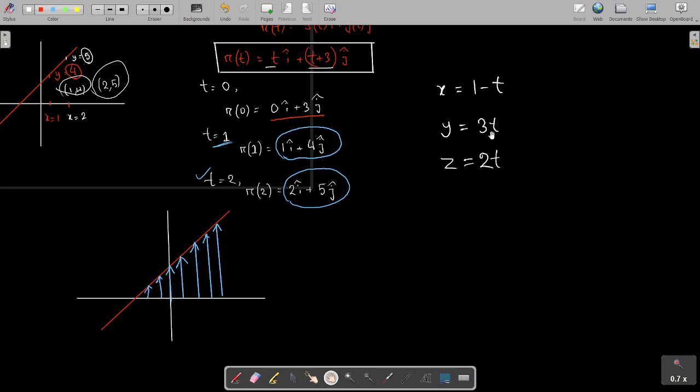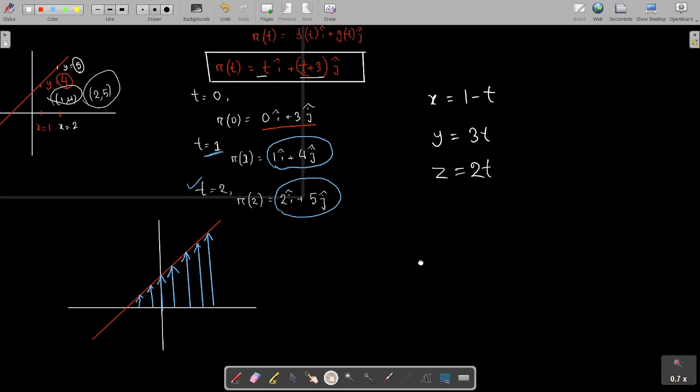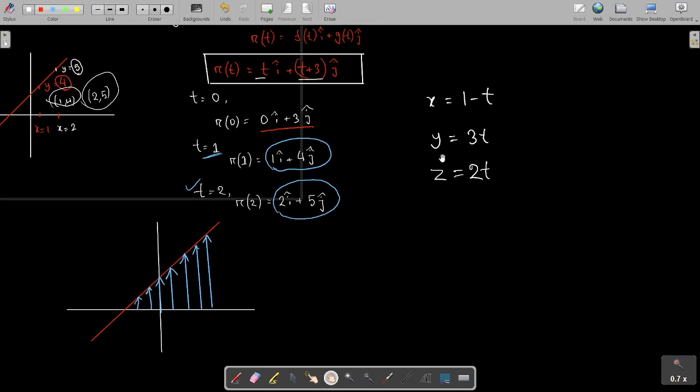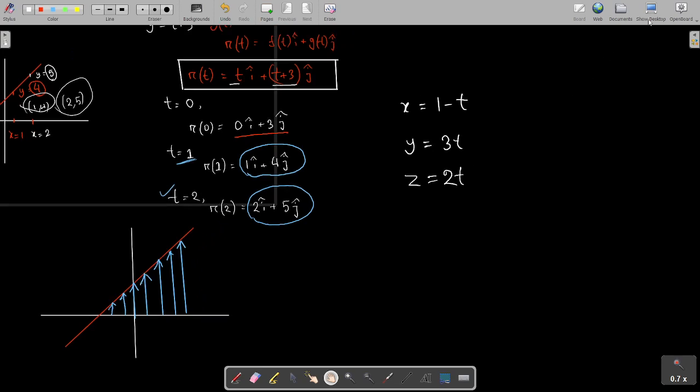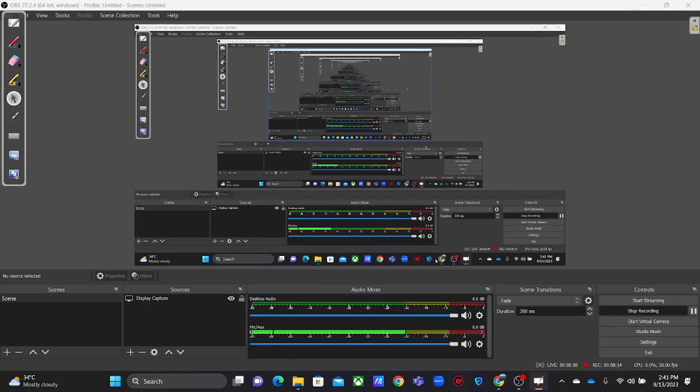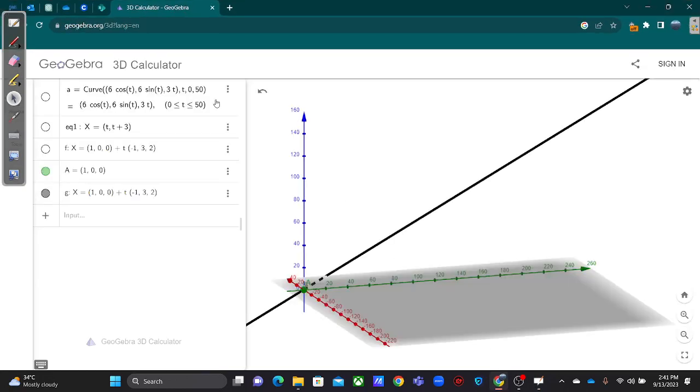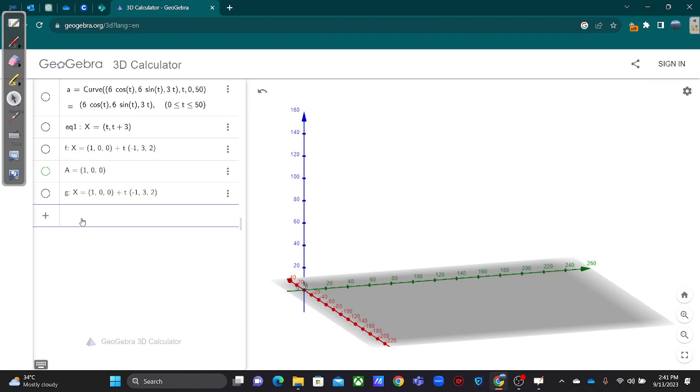Now this will represent a straight line but in 3D form. I cannot draw the 3D structure on my 2D board, so let's take help from a software, which is the GeoGebra 3D calculator. Now let me give the input.